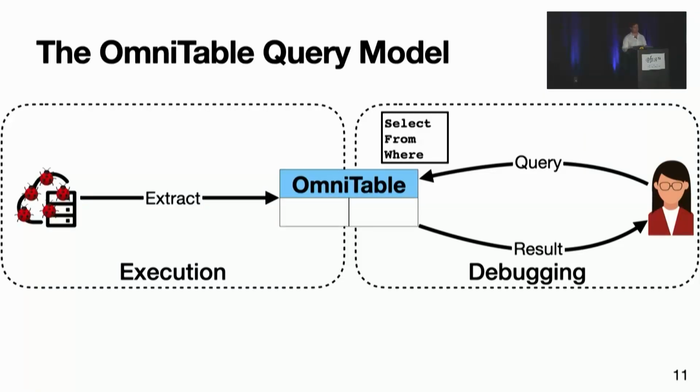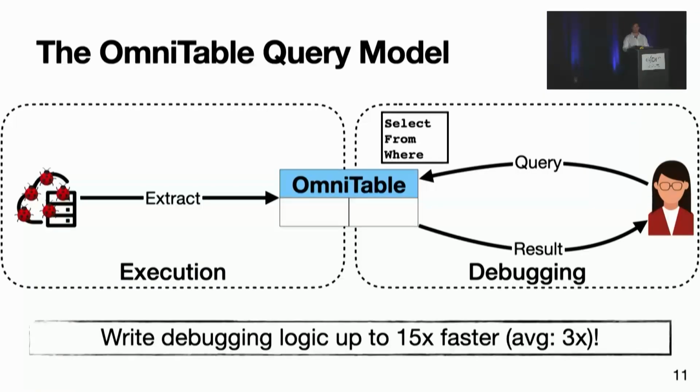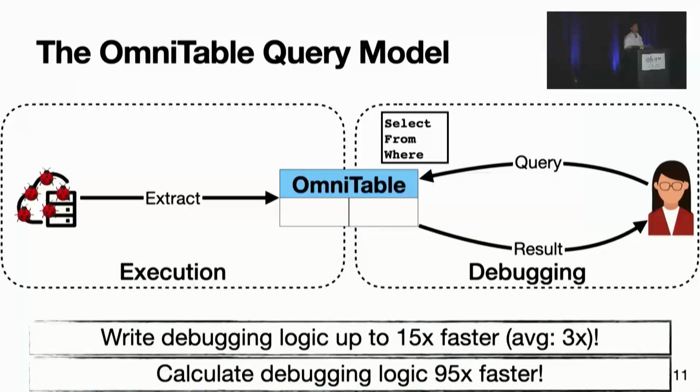Our evaluation shows that the OmniTable debugging logic required across a number of case studies can be written up to 15 times faster than the equivalent debugging logic expressed in the procedural tools that you're probably used to using today. Moreover, by decoupling execution from debugging, SteamDrill, which is our prototype system that actually implements this model, is able to resolve OmniTable queries on average 95 times faster than those same existing tools.